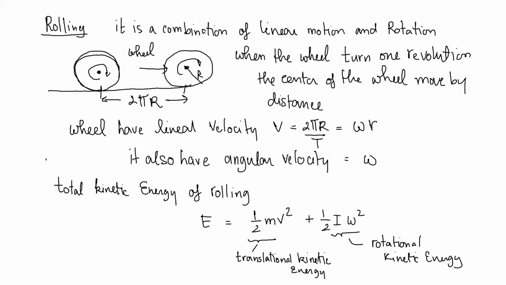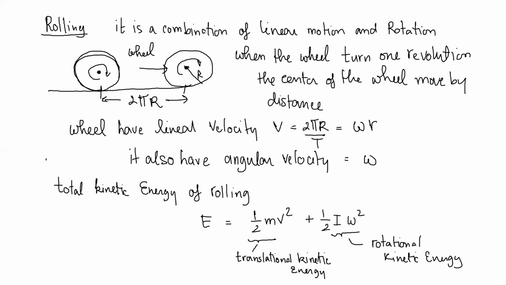However, as it rolls down on the floor, the center of the object or the cylinder is also moving by the same distance as the rolling distance. For example, if it rolls one round, the center of mass is going to move by a distance of 2 pi r, and the object will rotate around its axis by one lap.